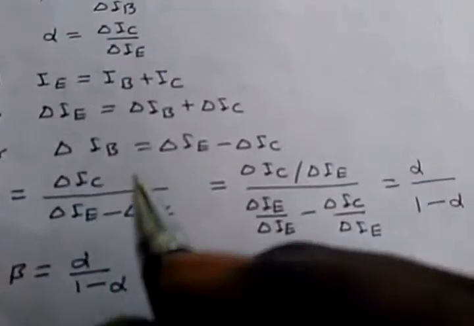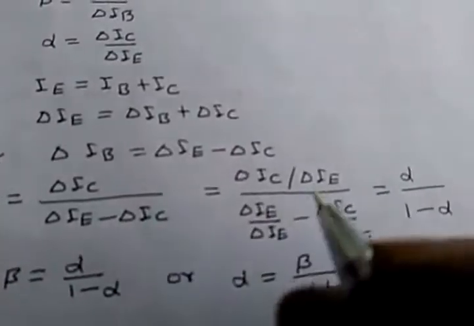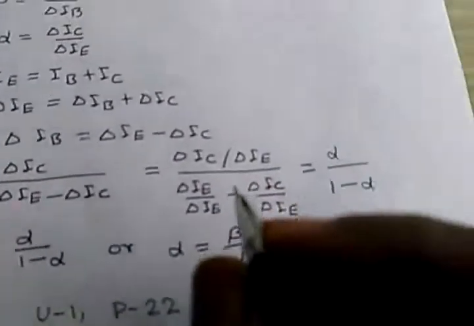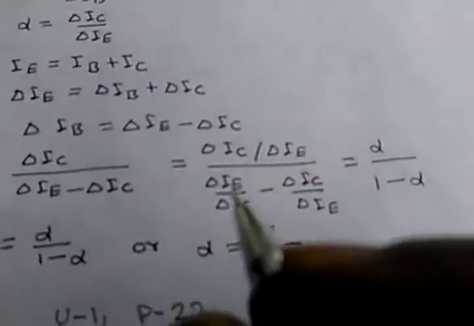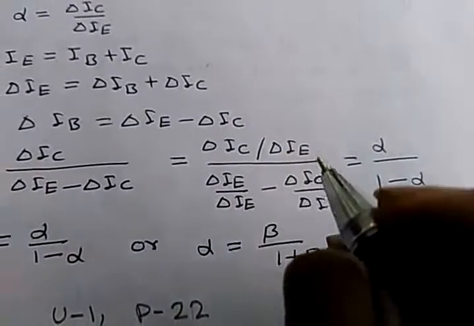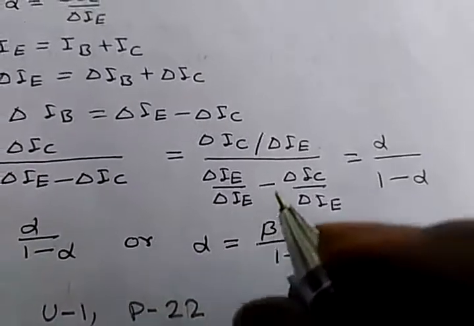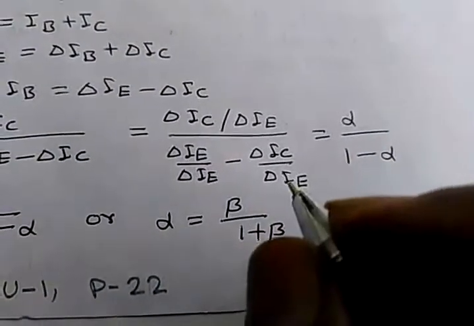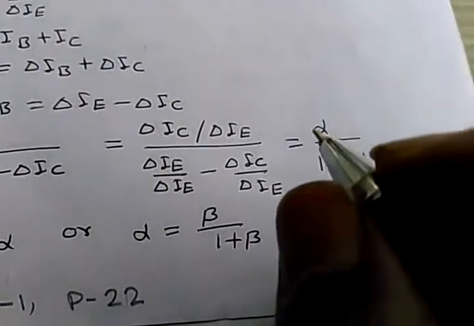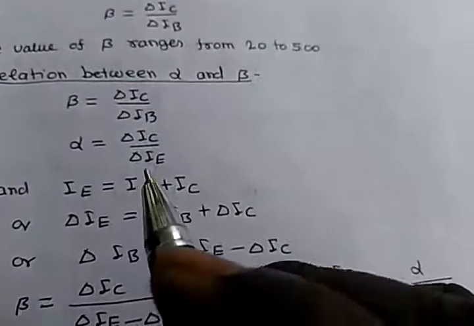Divide numerator and denominator by delta IE. So we will get delta IC upon delta IE, upon delta IE upon delta IE minus delta IC upon delta IE. And alpha equals delta IC upon delta IE.